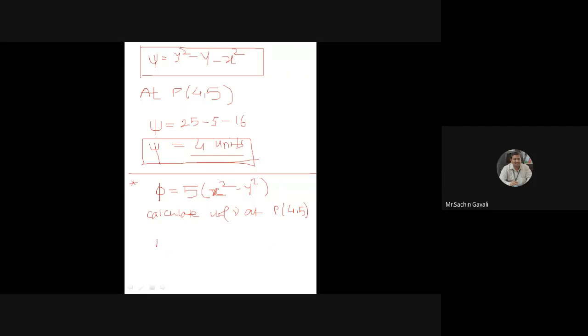Anybody, you can tell me answers within 2 minutes. Already we know that in numerical u is equal to and v is equal to. Phi is equal to 5 into bracket x square minus y square. Calculate u and v at point P (4, 5).